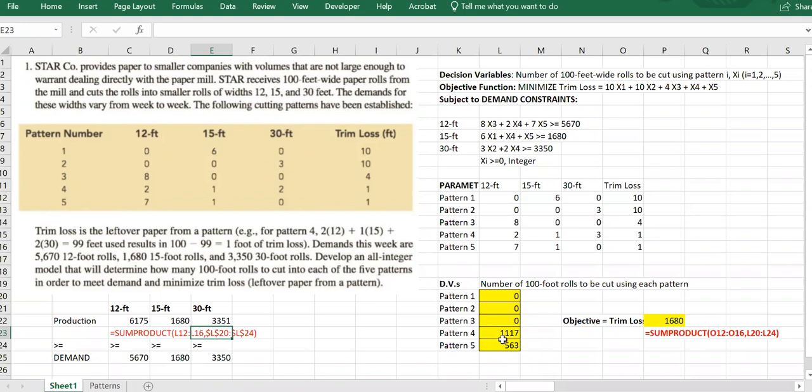So you're using a lot of pattern 4, which uses all sizes, and some of pattern 5. And then you are satisfying the demand of each size, basically. The amount of production is always greater than or equal to the demand.